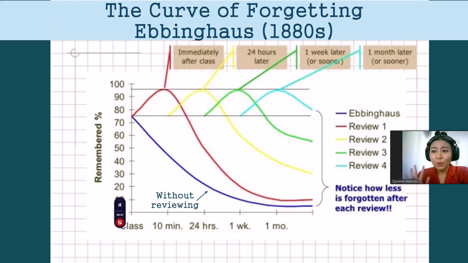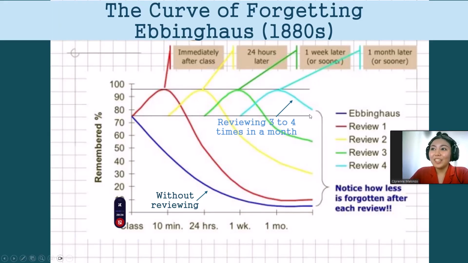We know that students will be much smarter when they are reviewing what they learned from the class. They need to review 3 to 4 times in a week. This is what happens when you review 3 to 4 times in a month. It's amazing, right?